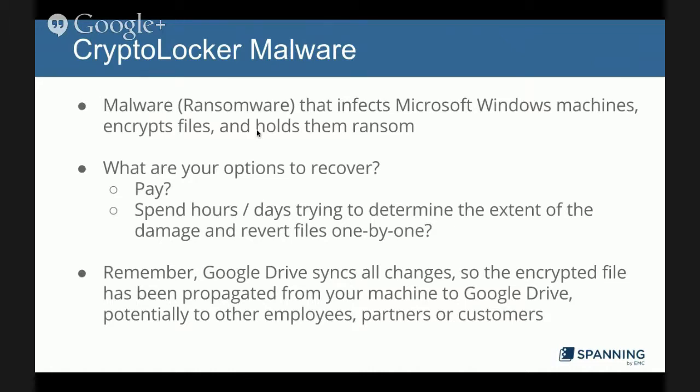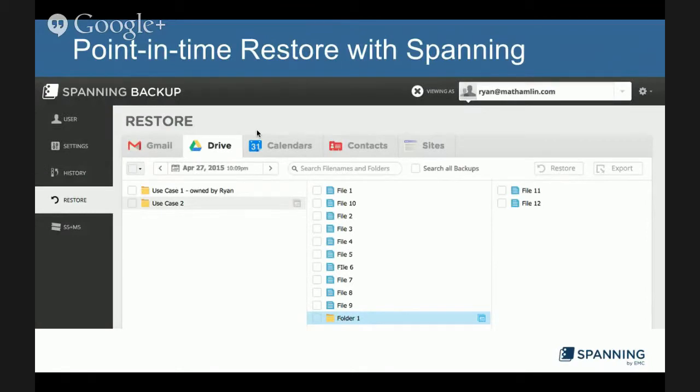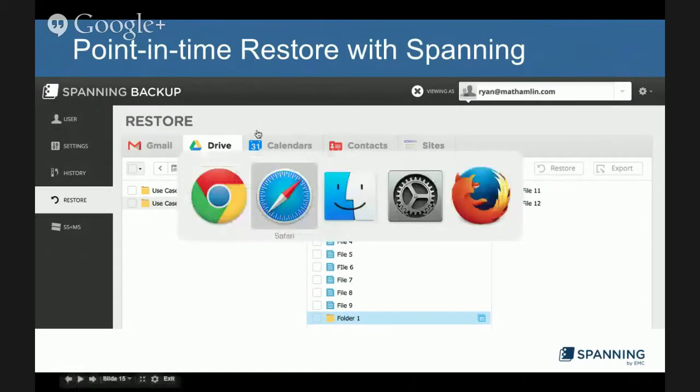So if you have data on your laptop that gets infected, it gets encrypted and then synchronized to Google Drive, and then that file gets synchronized down to other people in your environment, whether it's employees or partners, anyone who has access to that or has added it to their My Drive. Google's really good at synchronizing data, and so it gets moved not only from your box to the cloud, but also down to other people. All right, so let's take a look at that use case.